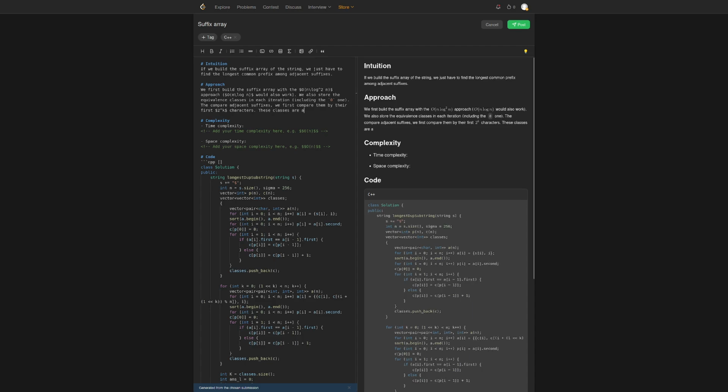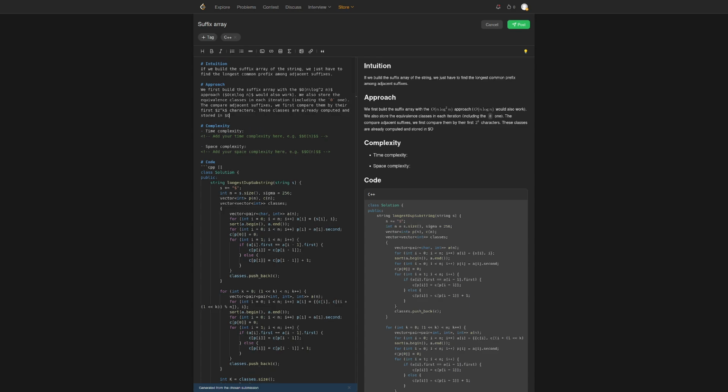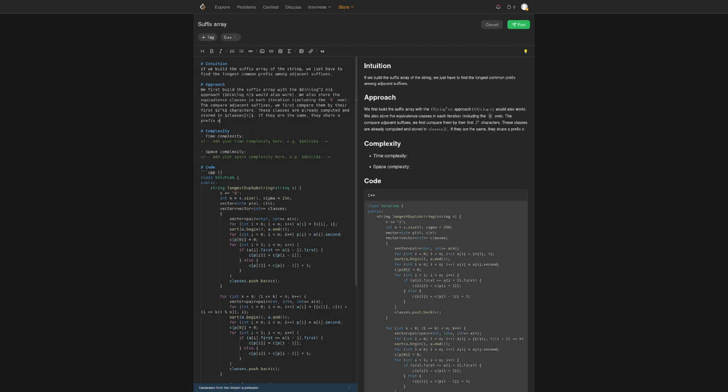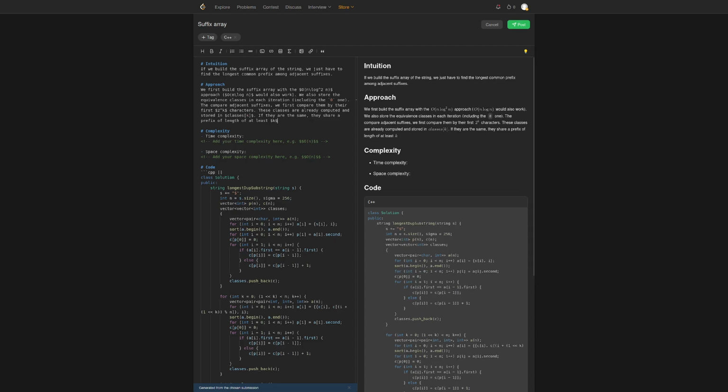These classes are already computed and stored in classes k, i, and p_{i-1} in classes k. If they are the same, they share a prefix of length of at least 2^k.